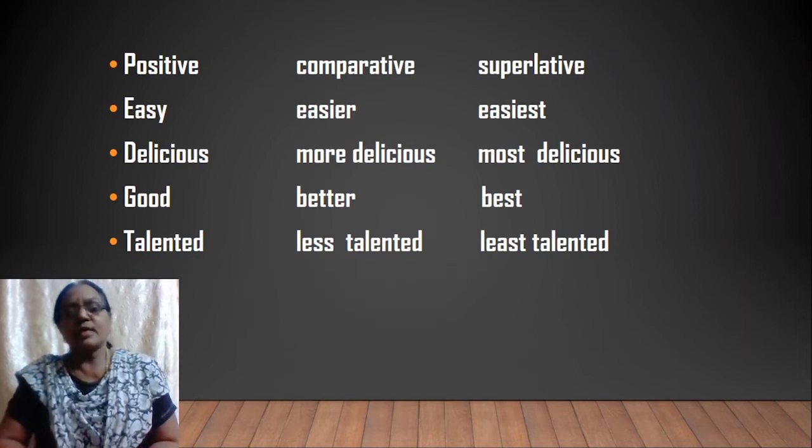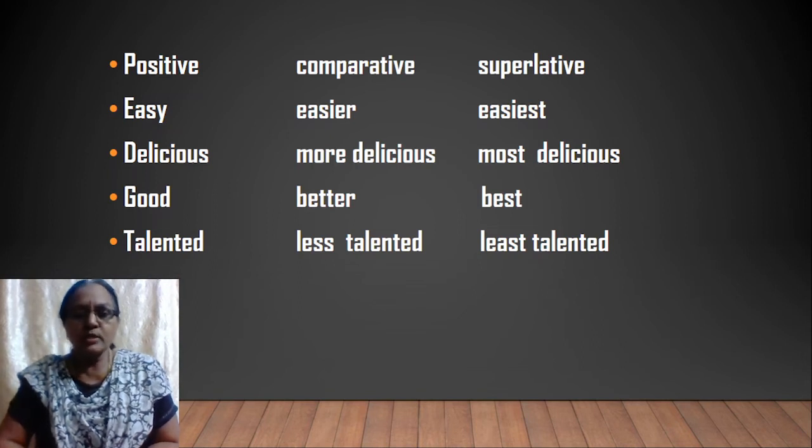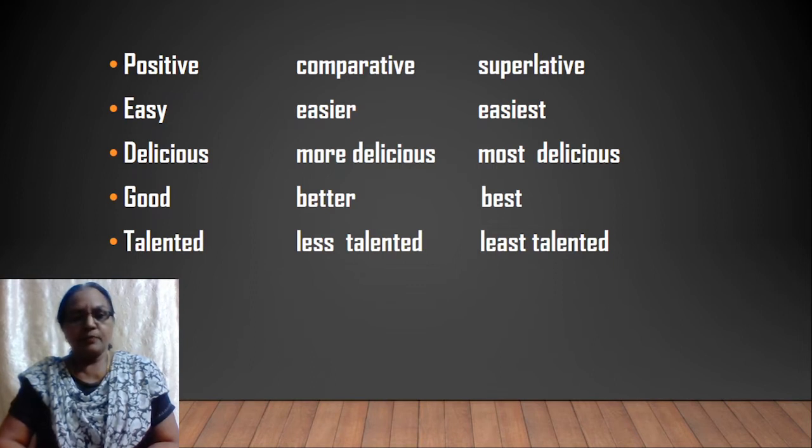Now, here are some words. I've given the positive, comparative and superlative degrees of all the words over here. Let's go through it. The first word, easy, positive. The comparative form is easier and superlative form is easiest.